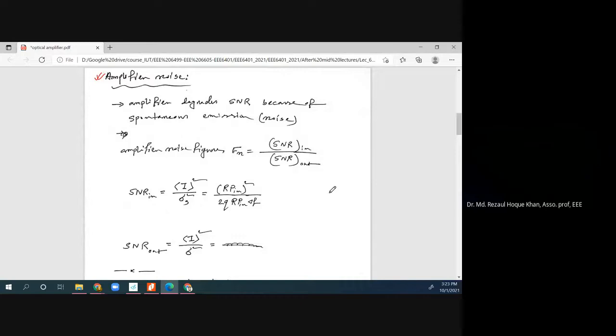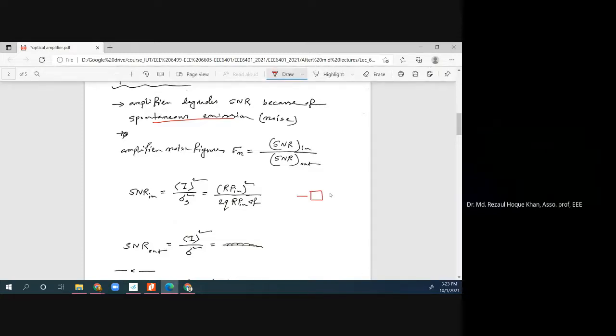So what is the best amplifier? How do we quantify amplification or the performance metrics of an amplifier? An amplifier degrades SNR because of spontaneous emission, which is translated to noise. What is SNR? Signal to noise ratio. Now, for example, this is an amplifier.